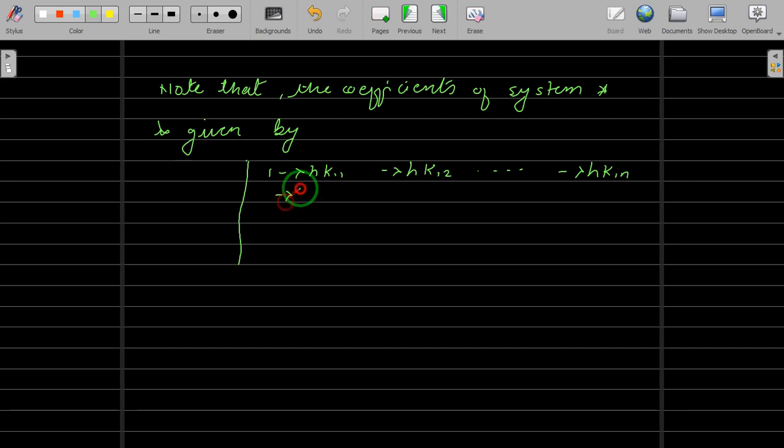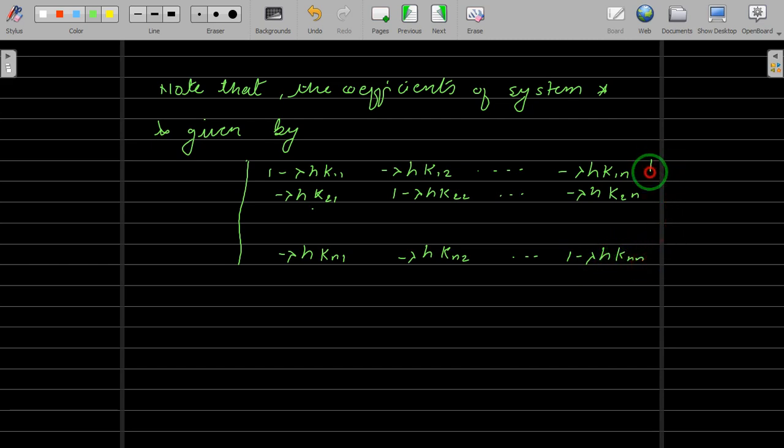Here you have minus lambda h k21, 1 minus lambda h k22, minus lambda h k2n, and the last row will be minus lambda h kn1, minus lambda h kn2, 1 minus lambda h knn.